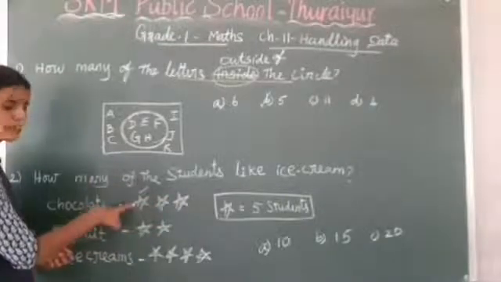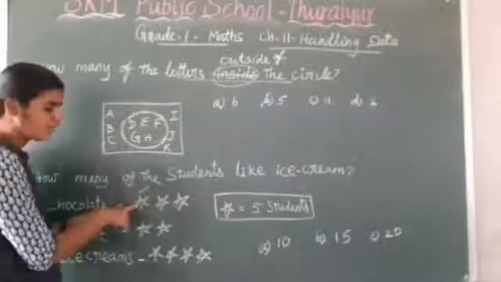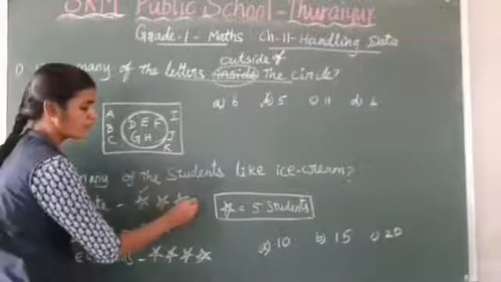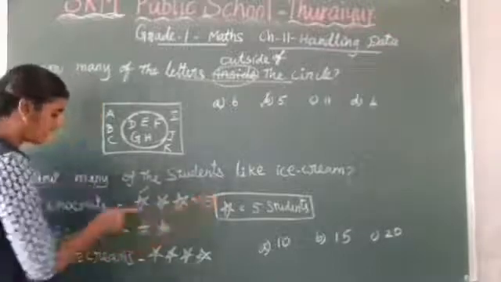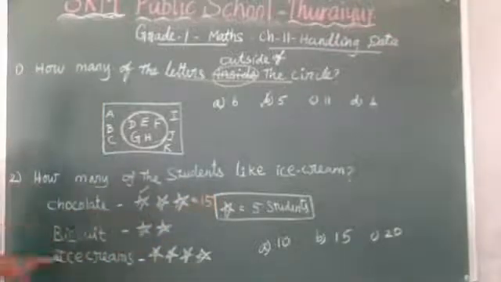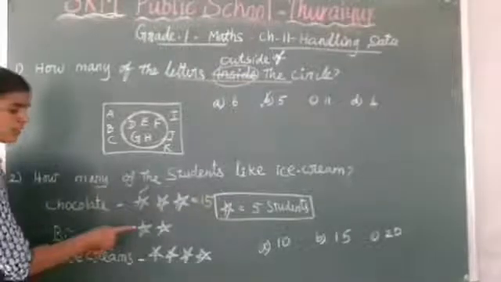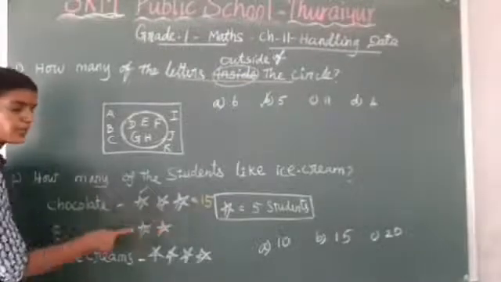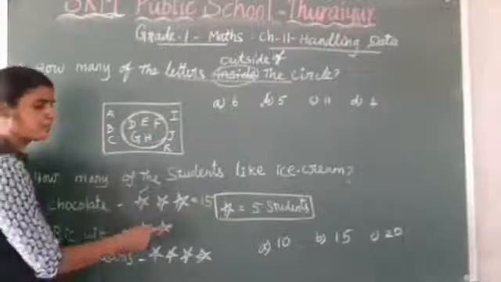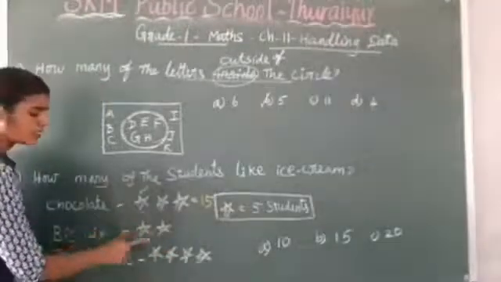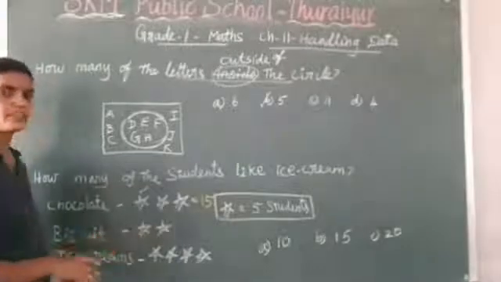So 1 star is 5 students, means 5, 5 plus 5, 10, 10 plus 5, 15. So 15 students like chocolate. Next, 5, 5 plus 5, 10. Why am I telling this is 5? Each star denotes 5 students. Just imagine inside this star, 5 children are standing.